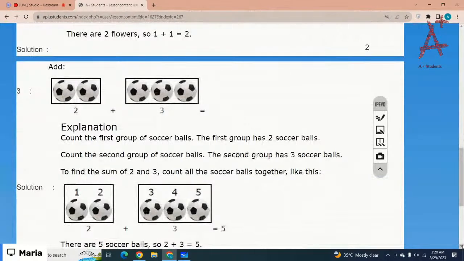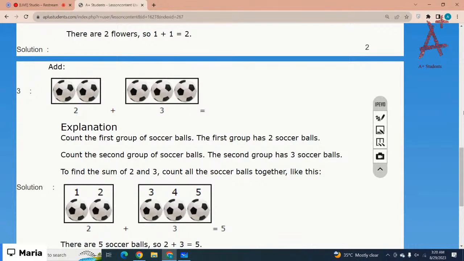So in one group you have 2 balls and in the second group you have 3 balls. You have to count them together. So when you count them together they make 5. The correct option is 5.